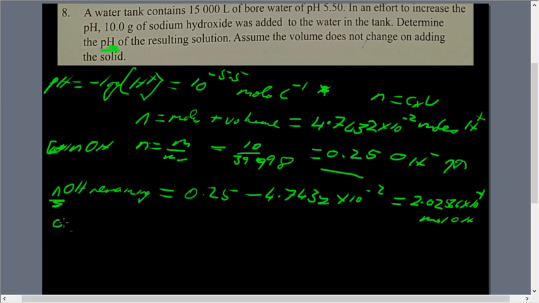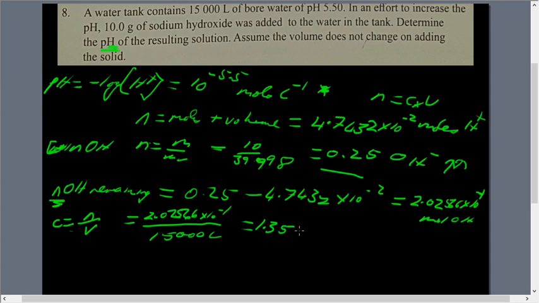So our concentration is going to be equal to N, number of moles, divided by litres, which is going to be 2.02566 times 10 to the minus 1, divided by 15,000 litres, which, if you do that particular sum, should give you a concentration of 1.35044 times 10 to the minus 5 mole per litre.